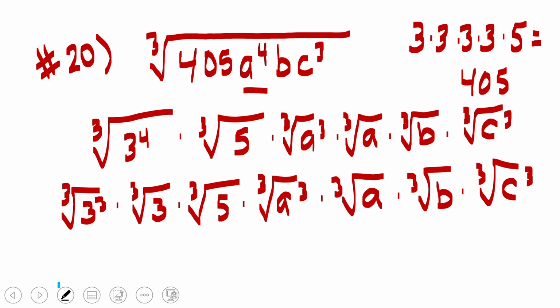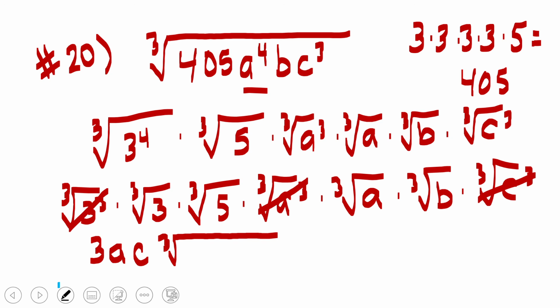So that leaves us with 3 here, a here, and c here. Times the cube root of 15, a, b.